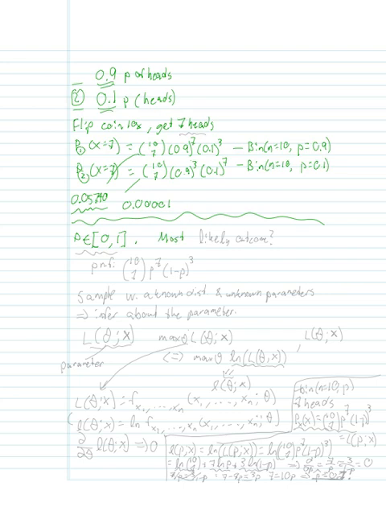What value of p would maximize, in our case, the PMF? PMF being 10 choose 7, because we flipped the coin 10 times and got 7 heads, p to the 7th, 1 minus p cubed.